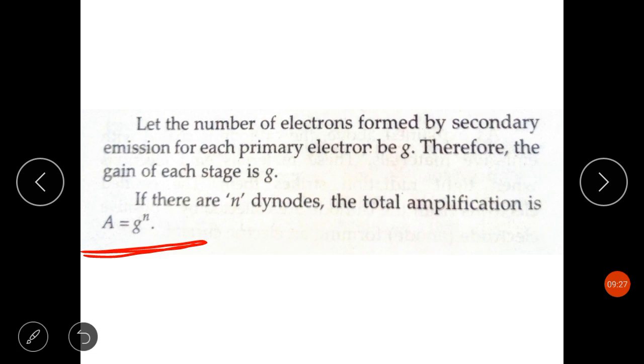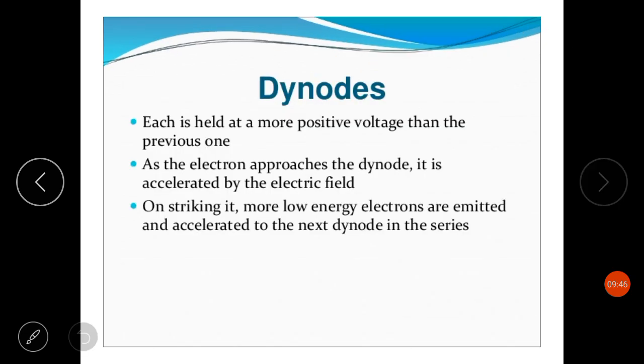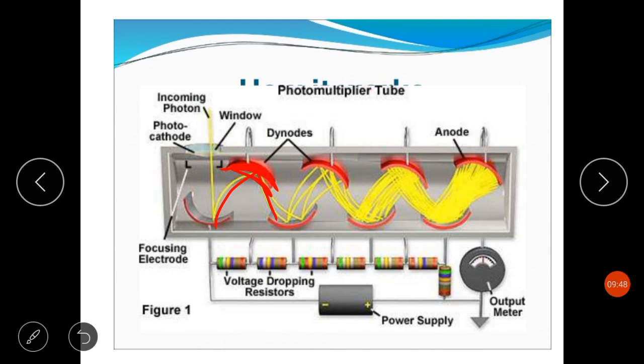Now this G, the amplification of each stage of diode, or the number of additional electrons emitted because of one electron striking the diode surface, depends on various factors. First, the voltage between successive diodes.